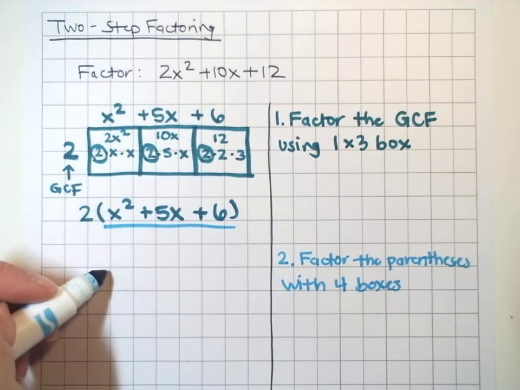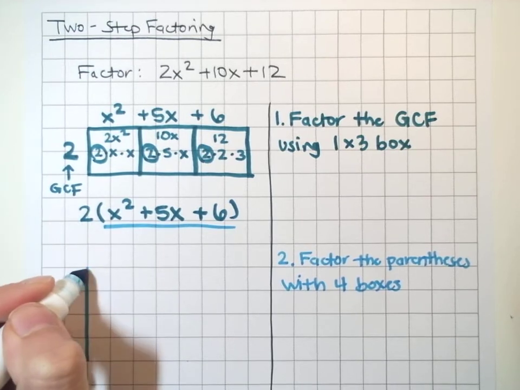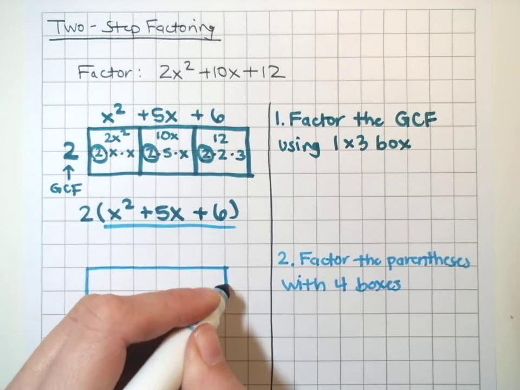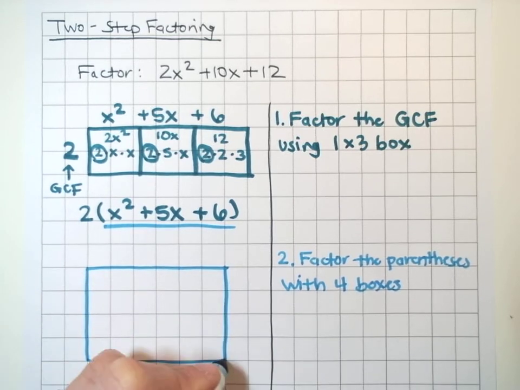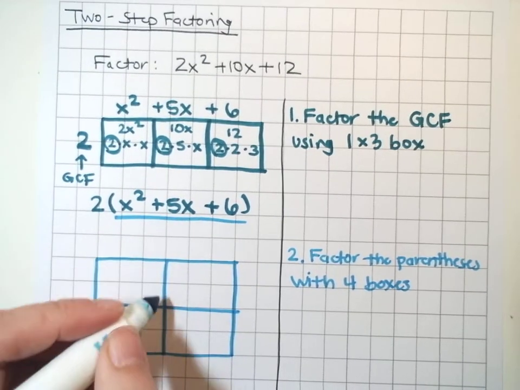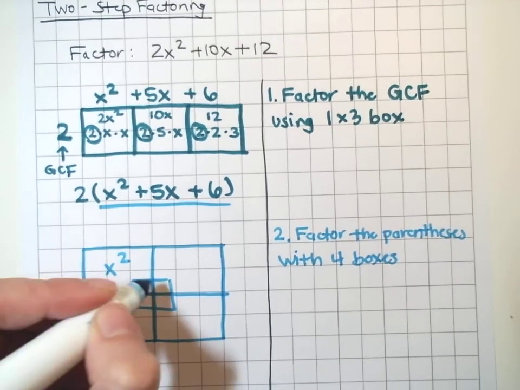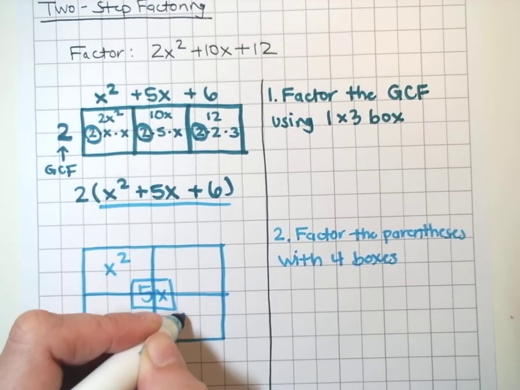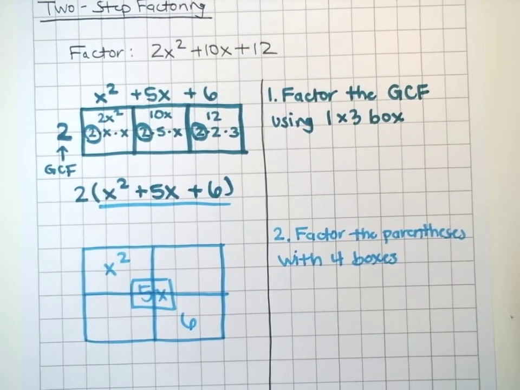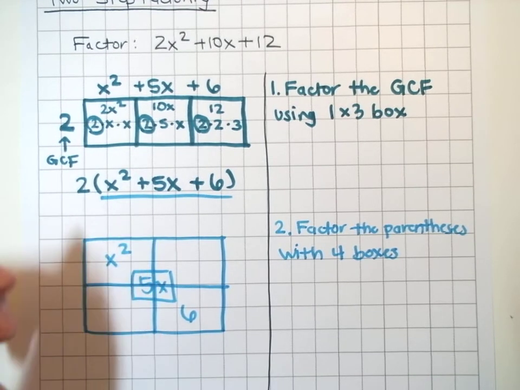Now we're going to try to factor that. And so remember, we put x squared here, we put 5x here, and we put 6 here. So yay, a is 1, so that makes things a little bit easier.